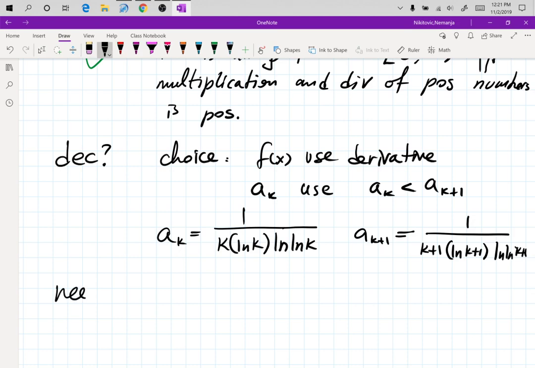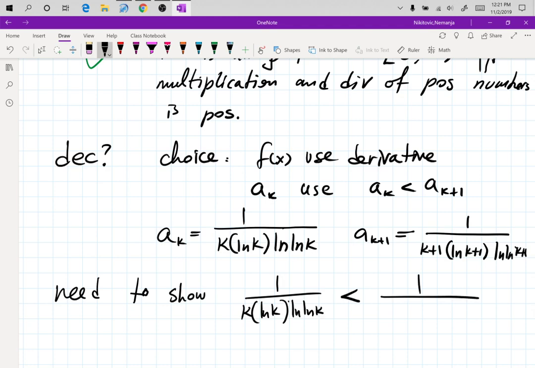Need to show that 1 over k ln k ln of k is smaller than 1 over k plus 1 times ln k plus 1 times ln of k plus 1.